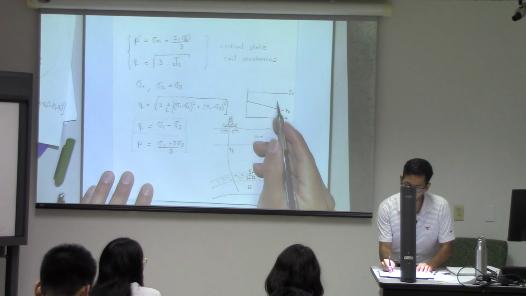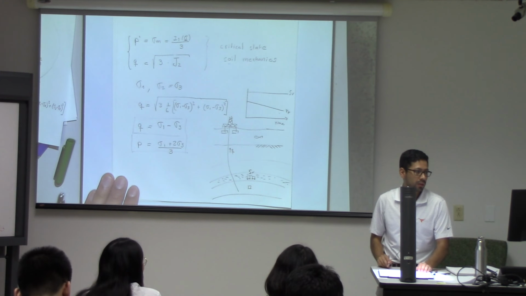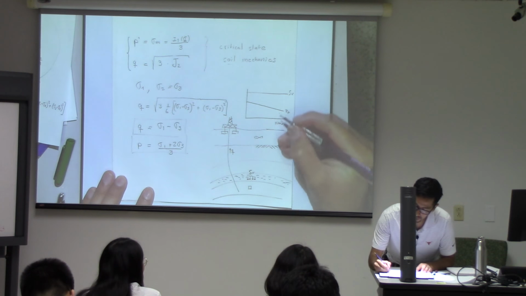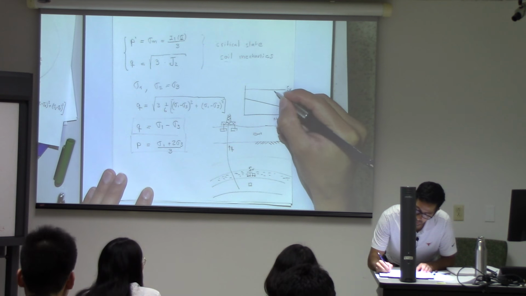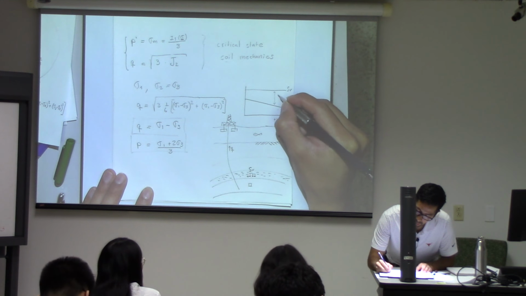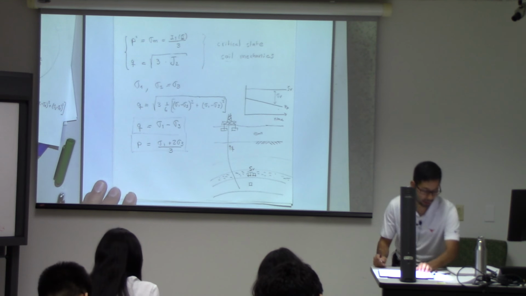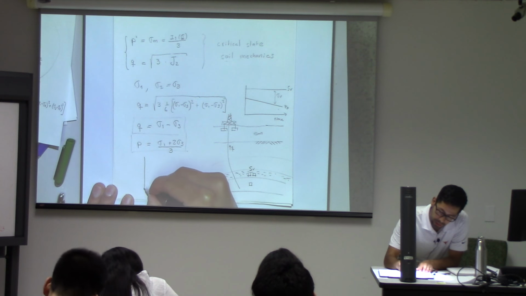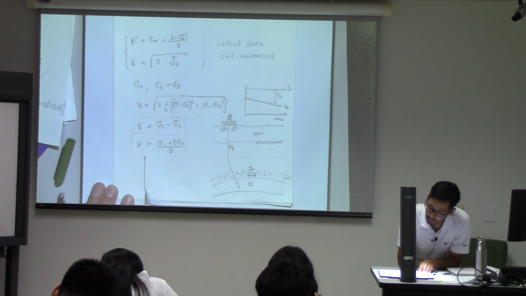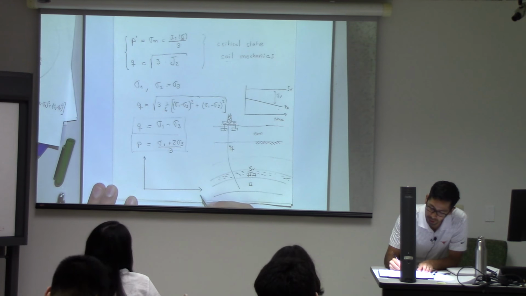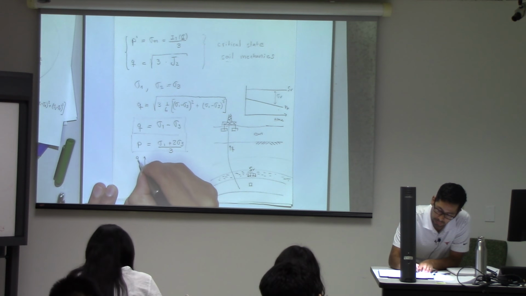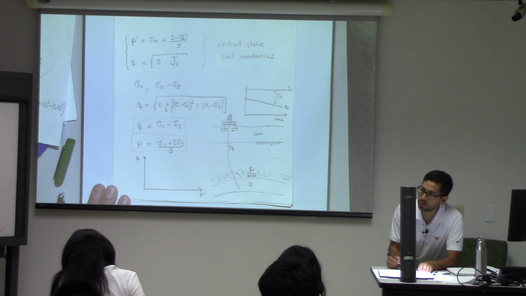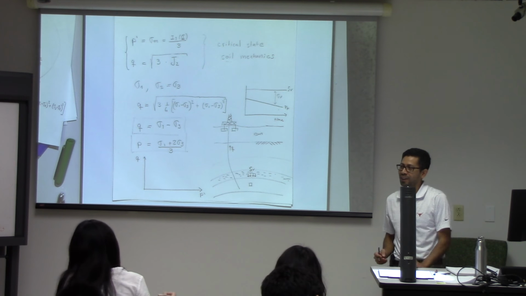What do you see here? What is going on? The effective stress is increasing with time, right? And if effective stress is increasing with time, what is going to happen to the rock? Stronger?